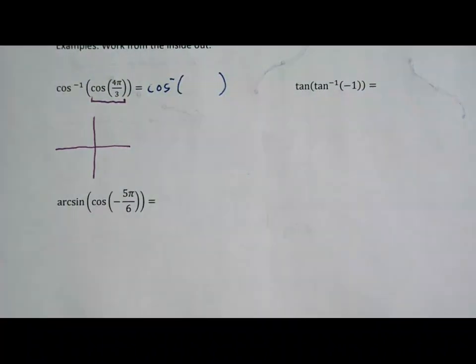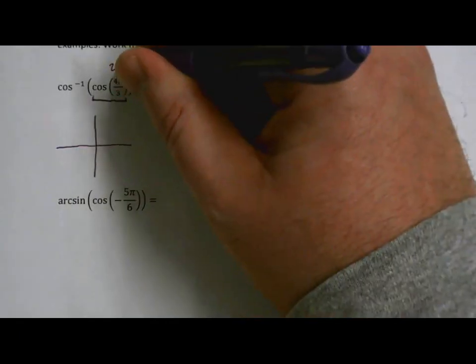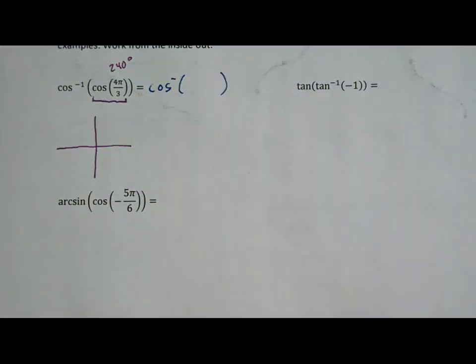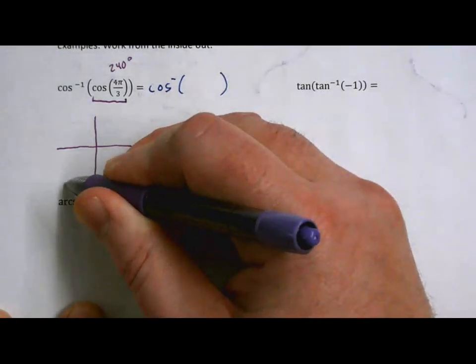And most of us will also need to think about this in terms of degrees. How many degrees is 4 pi over 3? Pi over 3 is 60, and 4 of those is 240 degrees. So get me a reference triangle where the hypotenuse is at 240. That's 60 degrees past 180, right?